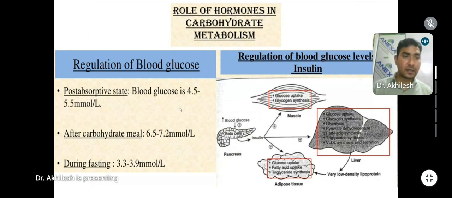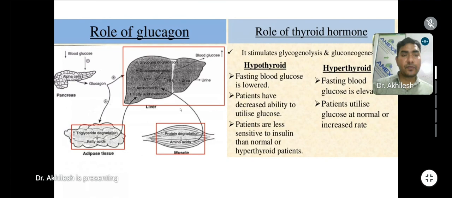This is all we have discussed about how glucose is utilized by the system, and a few hormones, like glucagon and others, regulate carbohydrate metabolism; affecting this leads to diabetes and other metabolic processes.